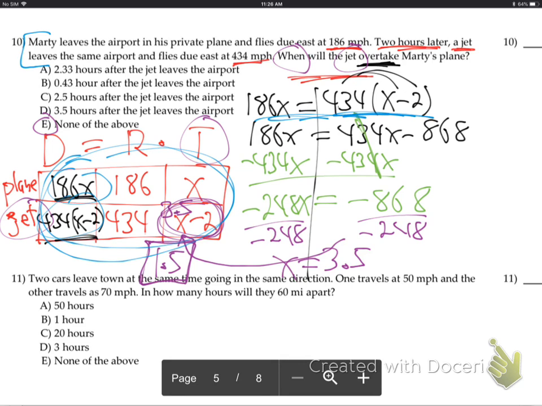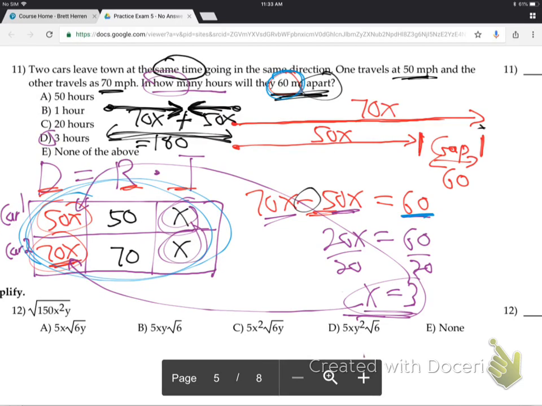Everybody see that? They're all in the box. So if there's no other number, just set them equal. Whereas in this problem here, there was an extra number, the 60 that's not in the box. I had an extra number I had to do something with. That's when you go, oh, I must need to add them or subtract them to equal that 60. Makes sense? Same direction, subtract; opposite, add.